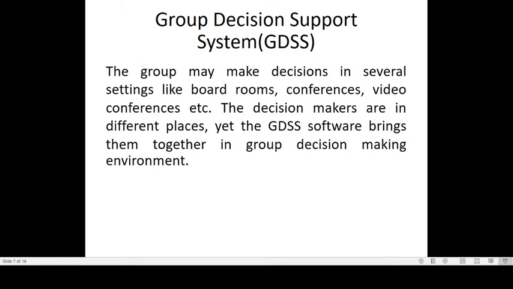The group may make decisions in several settings like boardrooms, conferences, video conferences, etc. The decision makers are in different places, yet the group decision support software brings them together in a group decision making environment. In short, people are in different places, but with the help of this computer support system, all are made to come onto one platform.